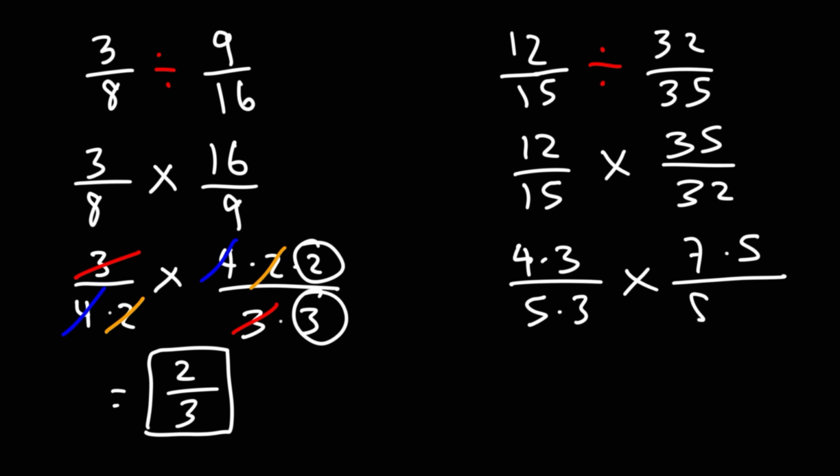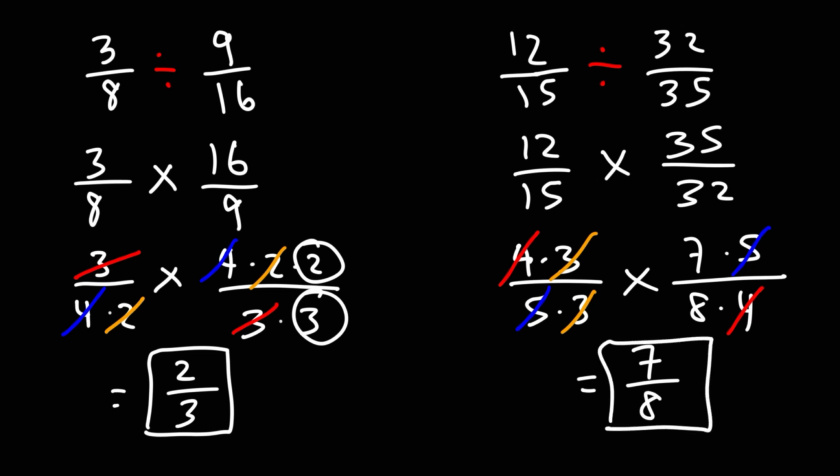Let's go ahead and do that. This will allow us to cancel those two 4s. We can cross out a 5 and the 3s. And so what we're left with is 7 over 8.